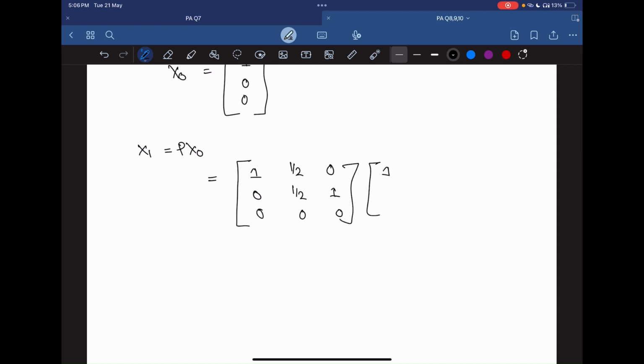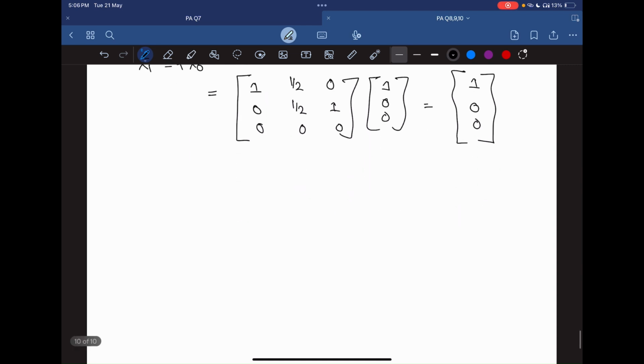If we multiply it with (1, 0, 0), which is our x naught, we will get our x1. So if we do the multiplication, we'll get (1, 0, 0). Now we have our x1 to be (1, 0, 0).